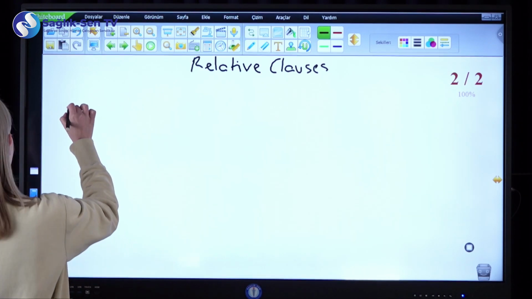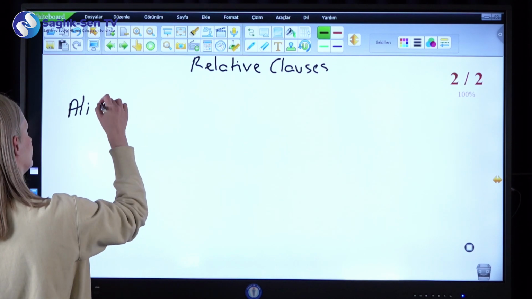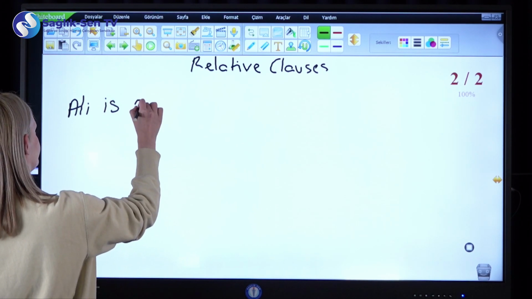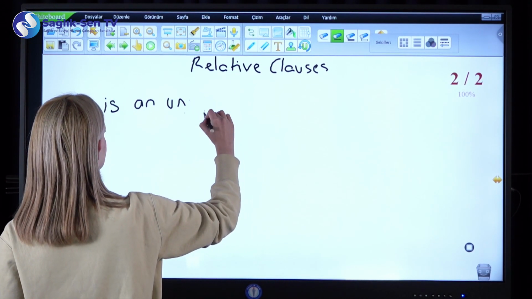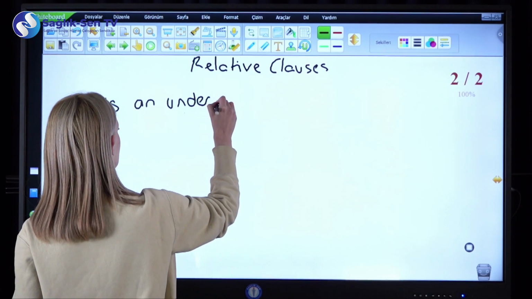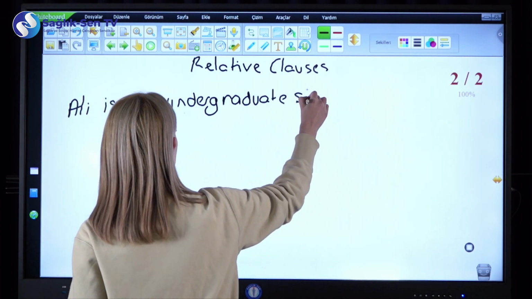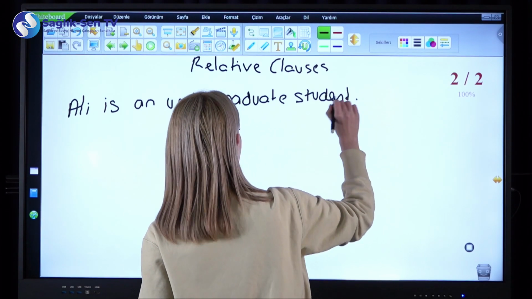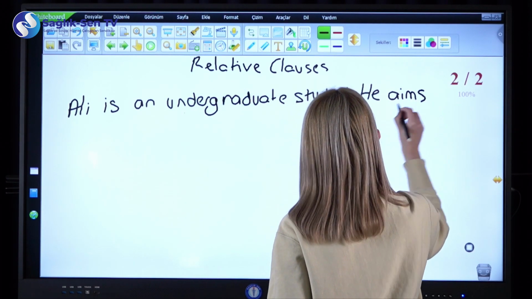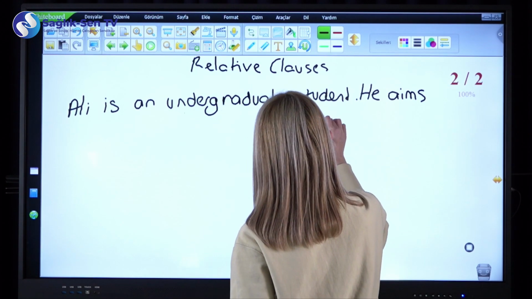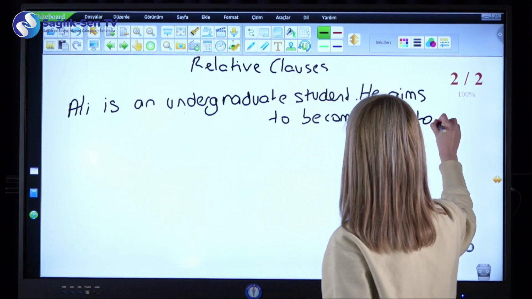For example, Ali is an undergraduate student. He aims to become a doctor.